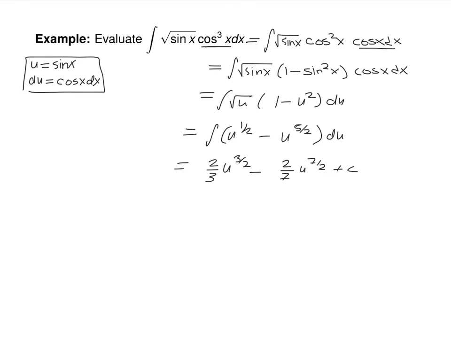And go ahead and plug back in your substitution. And we have 2/3 sine of x, the quantity to the 3/2, minus 2/7 sine of x to the 7/2 plus c.